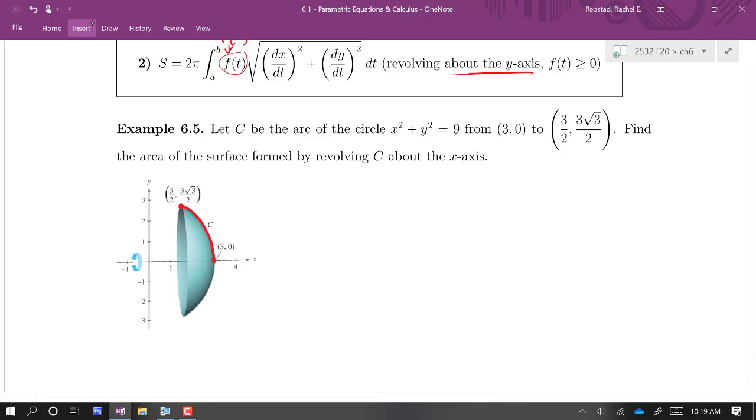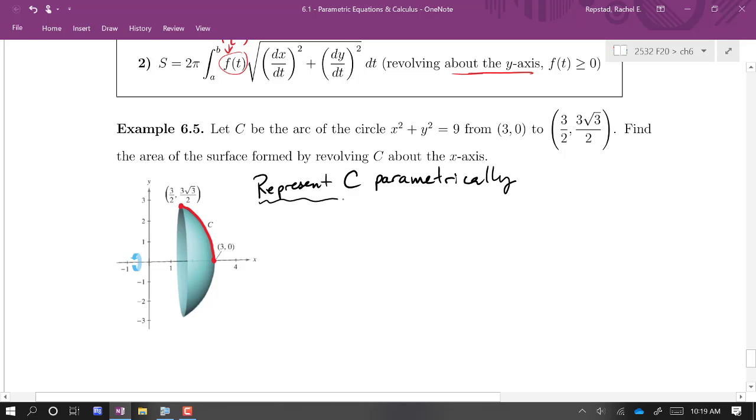All right, so first we need to represent this curve parametrically. To represent this curve parametrically, the x-coordinate will be given by 3 times cosine of t.